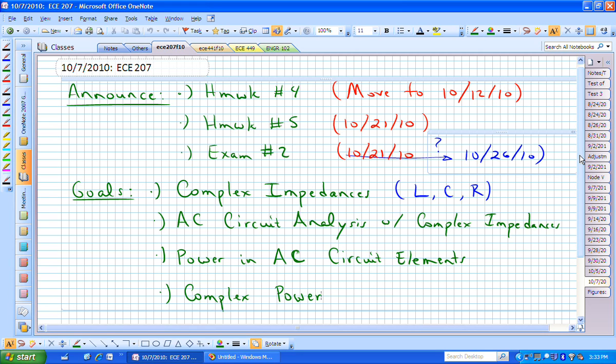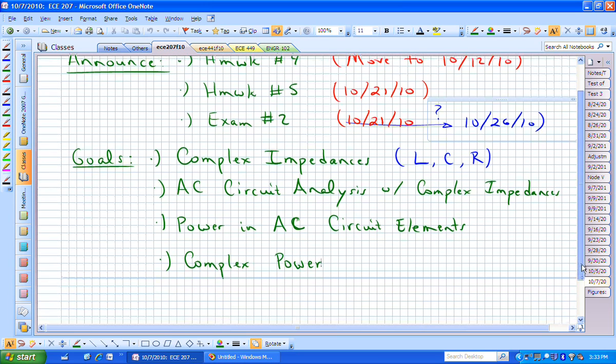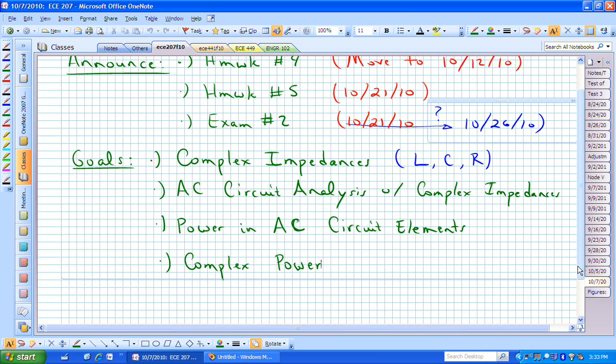The algebra that we will use involves complex numbers, but as long as you're comfortable with doing complex algebra, then we can solve differential equations for sinusoidal or AC-driven electrical circuit problems for this class. To do that, we need to develop this concept of a complex impedance, which is analogous to what you've been doing with resistors all along with DC circuits.